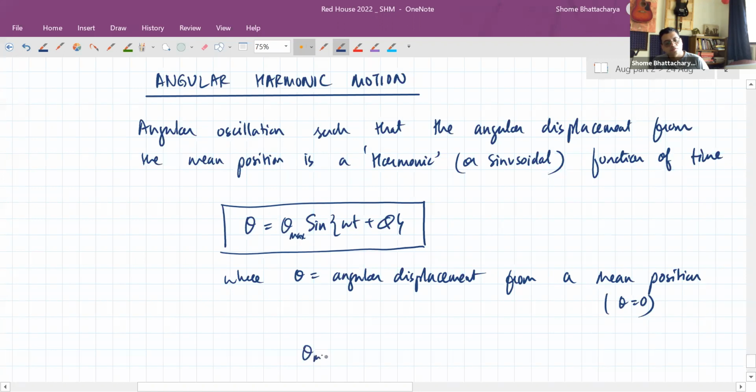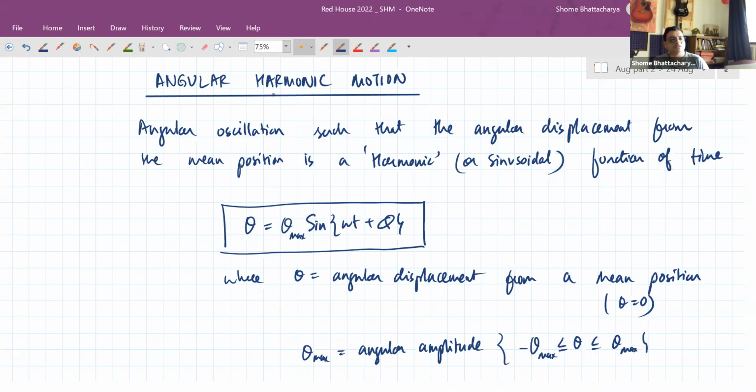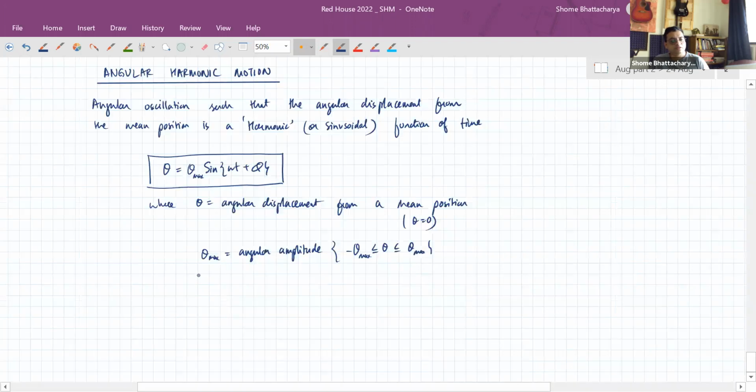Then this becomes the angular amplitude, because the angular displacement varies between minus to plus of this amplitude, and rest of the things are the same. Omega is angular frequency, phi is the phase constant. Initial phase.